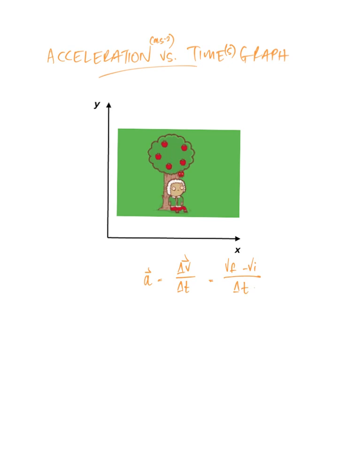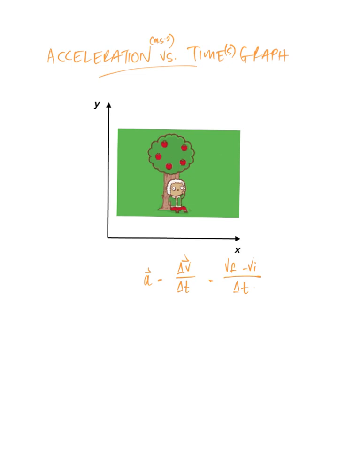So what you'll understand about the acceleration time graph, of all the graphs, is that it's the most difficult one to understand, because the first thing you need to understand is that acceleration is an abstract concept, and now we're trying to draw a graph. So when we're looking at this diagram, I want to know how fast an apple falls.